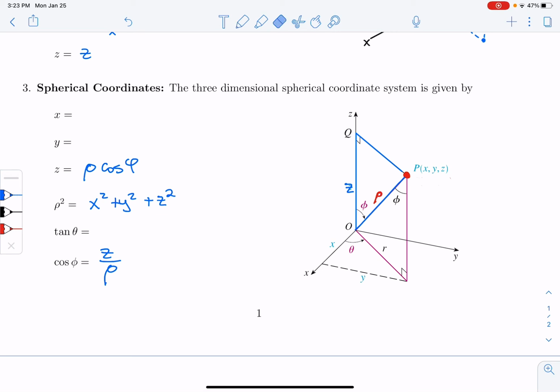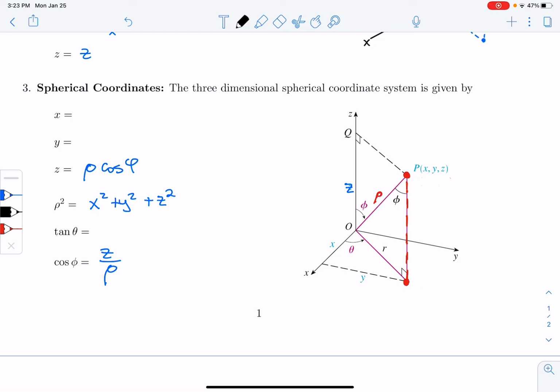Okay, so now using that angle, we can specify the z coordinate. What about the x and y coordinates? To specify the x and y coordinates, we're going to drop down this point. We're going to look at its projection in the xy plane. So if we looked at it from a top view down, where would this point be in the xy plane?